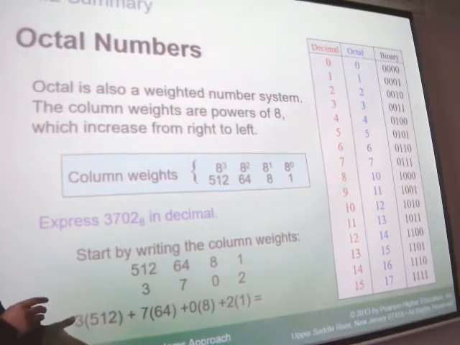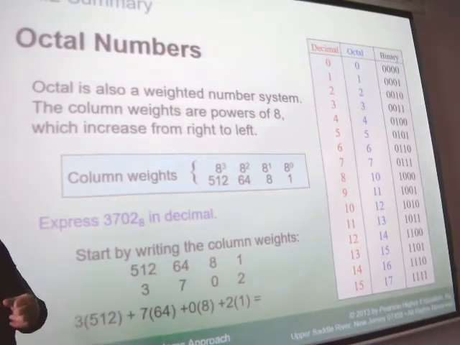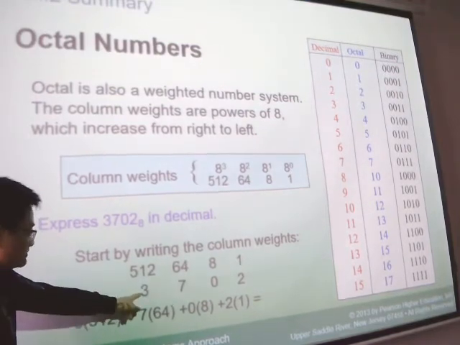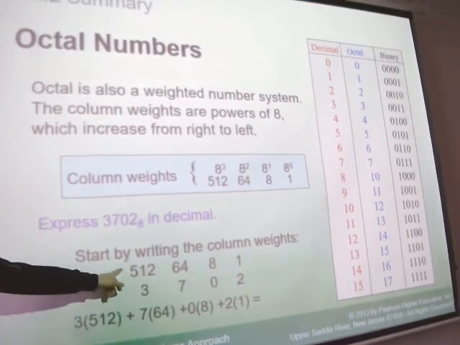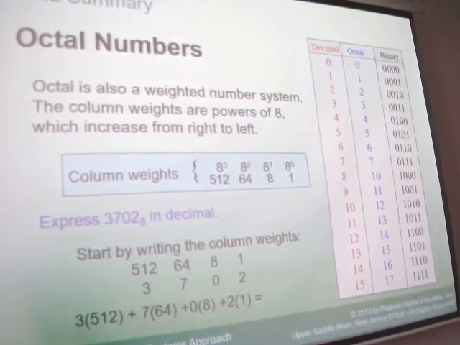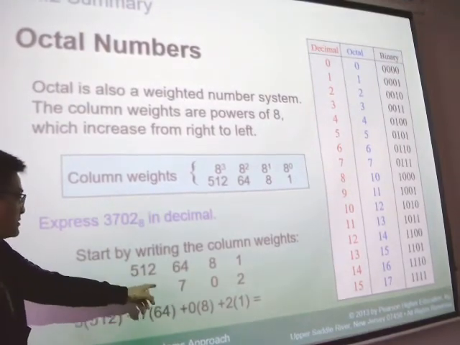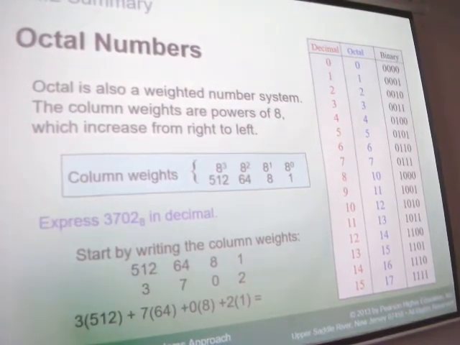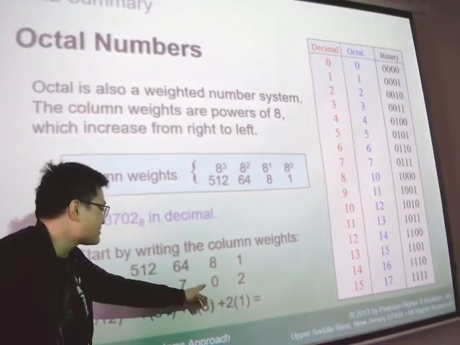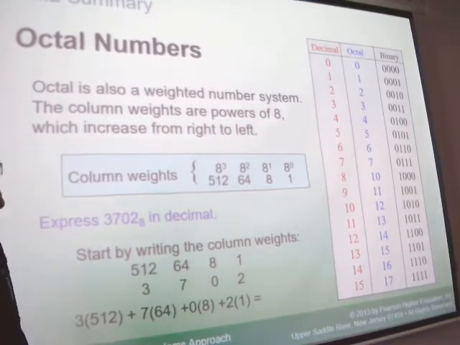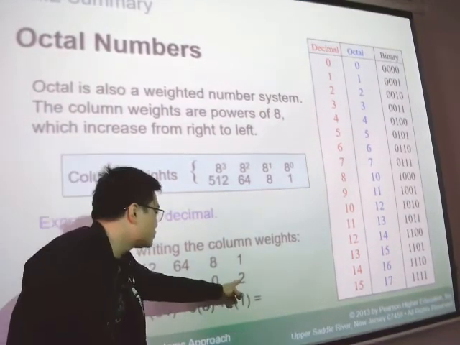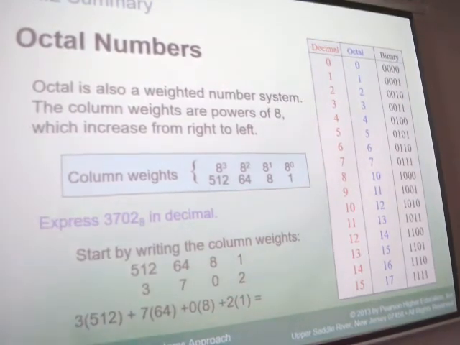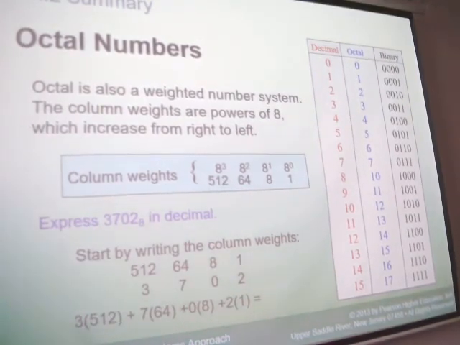If we want to convert this number to decimal number, we can use this: 3 times 512 plus 7 times 64 plus 0 times 8 plus 2 times 1.